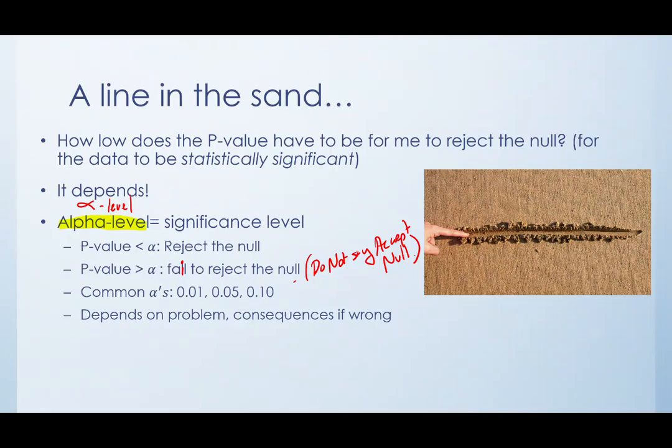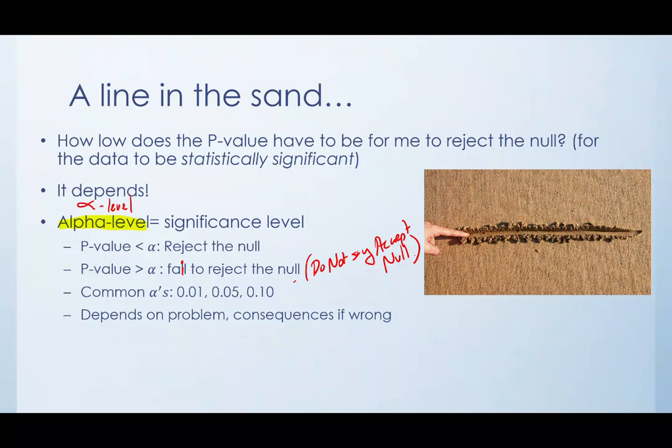Not in this video. Okay, so 5% is a really common value to use, but 10% is also pretty common. And if you need to be really sure about something, you might go for 1% significance level.